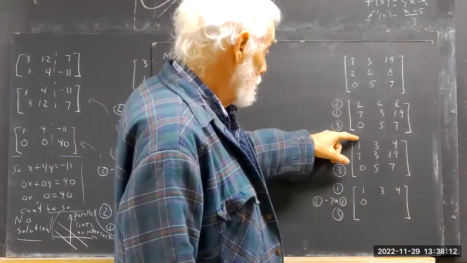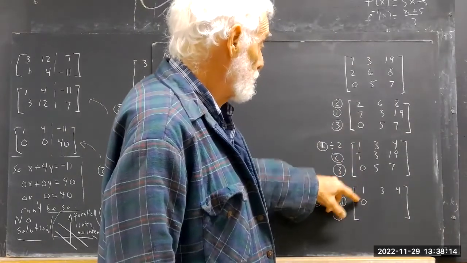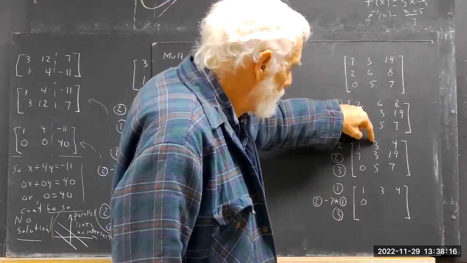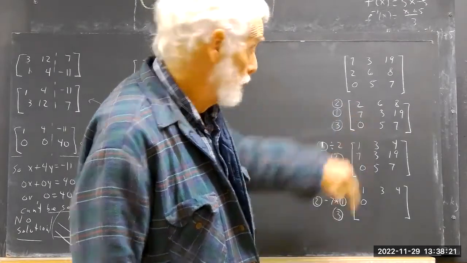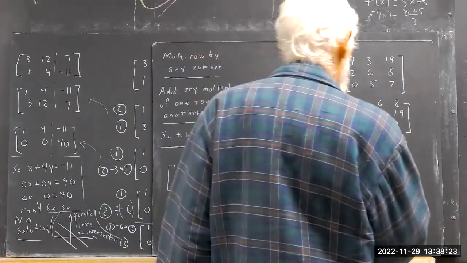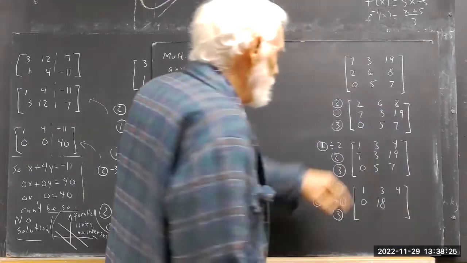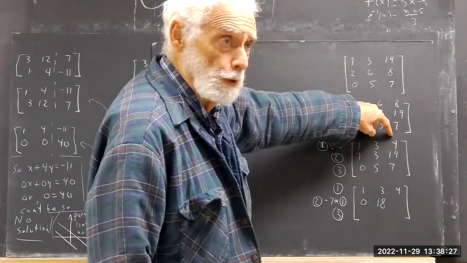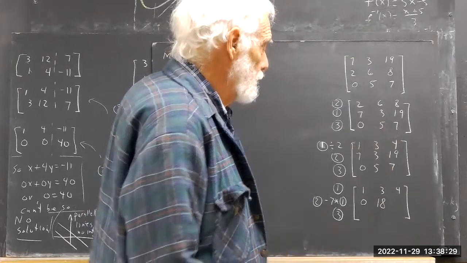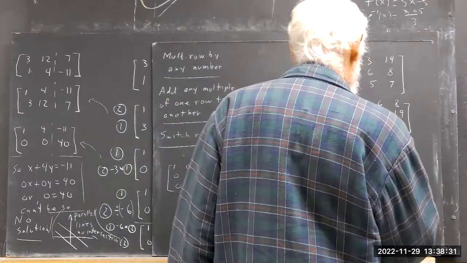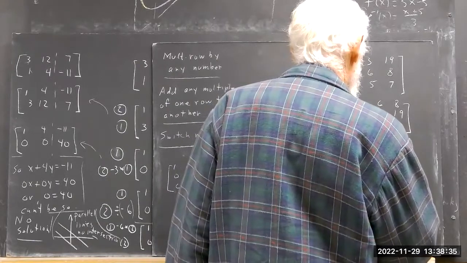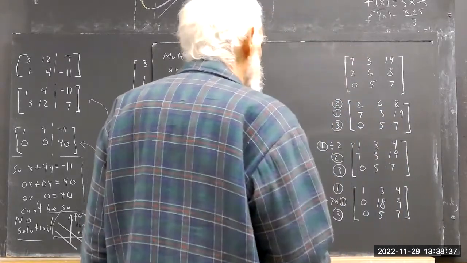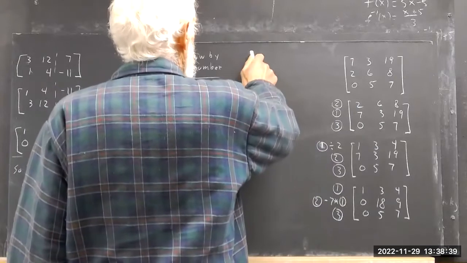So minus 7 times 1 added to 7 gives me the 0. Minus 7 times 3 is negative 21. Add that to 3 and I get 18. Negative 7 times 4 is negative 28, which I add to 19 and I get 9. Got 0, 5, 7. Well, let's write that up here now.